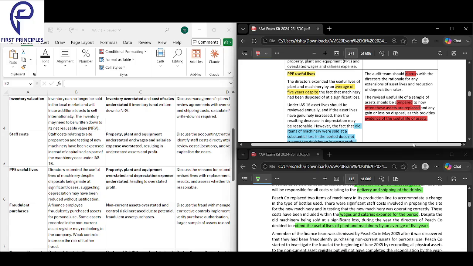Because if assets are regularly replaced, then the useful life can be increased. But if you're not replacing your assets, how can you tell me that the useful life is increased? It doesn't make sense. And also the gain or loss on the old machines that they've sold. So first, the audit team should discuss with the directors the rationale for any extension of asset lives.